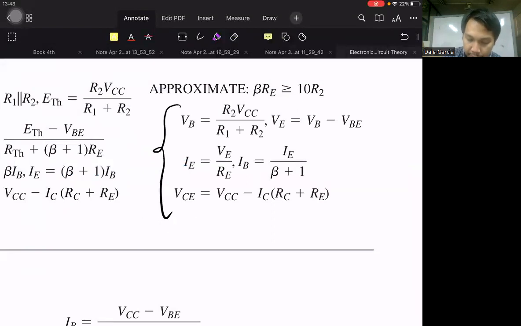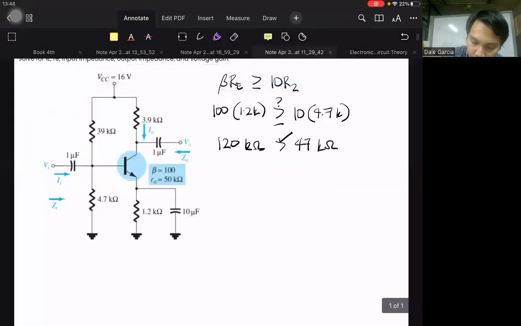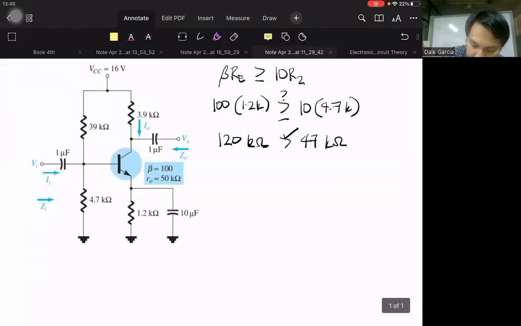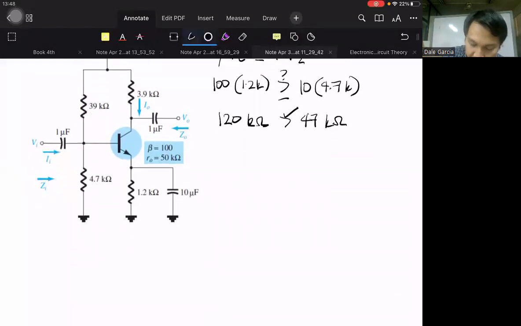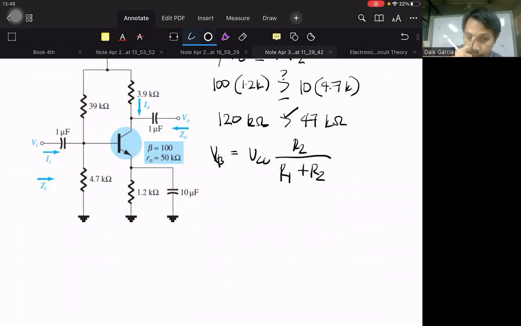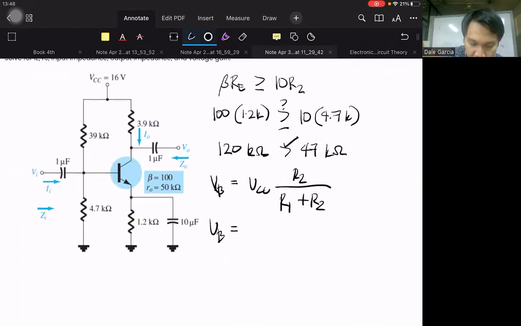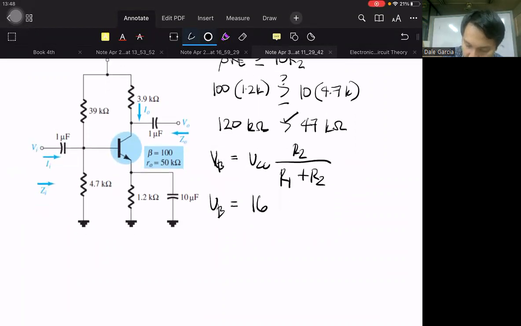So we'll use these formulas. First for VB. VB is the same as the formula for VTH in the exact analysis. So VB is VCC times R2 over R1 plus R2. VCC is given 16 volts.